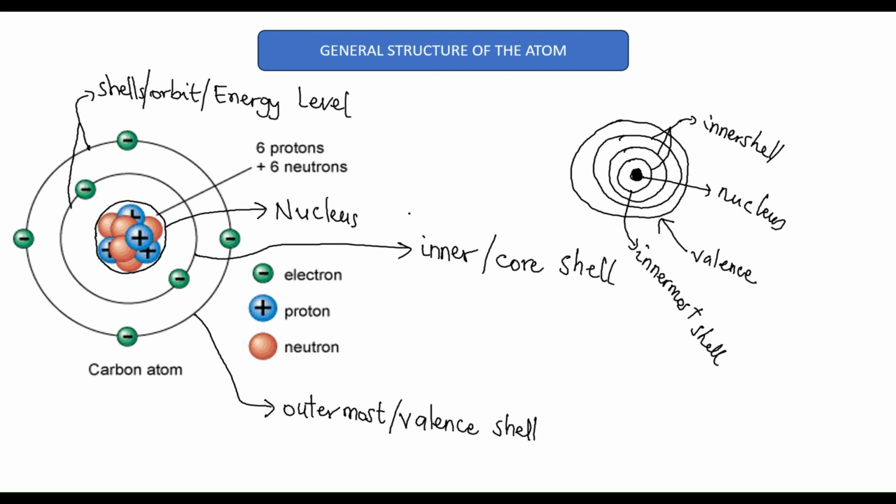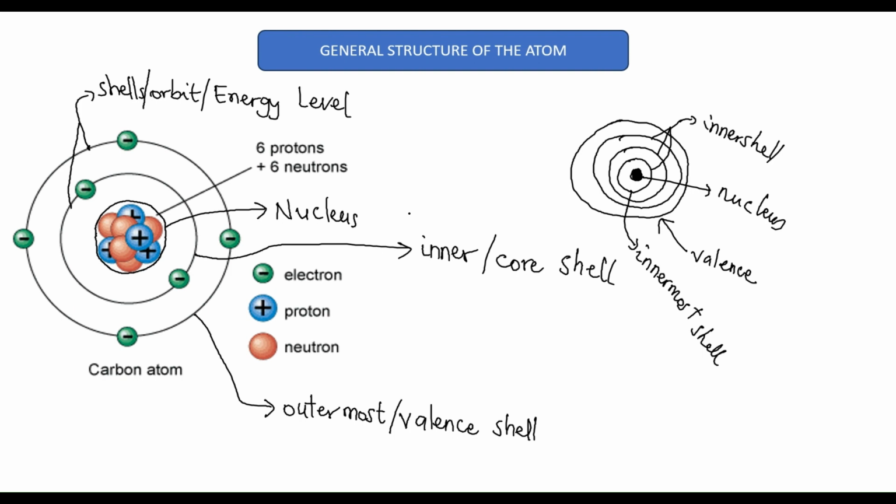The innermost shell is the very first shell. When you talk about the inner shell, you mean all the shells within, aside from the valence shell. Any other shell that is within the outermost shell is called the inner shell, or the core shell.